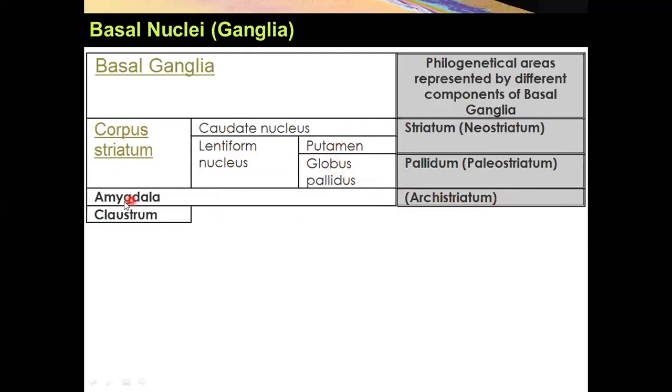Again, the amygdala and the claustrum belong to the archistriatum. Globus pallidus belongs to pallidum or the paleostriatum, and the putamen and the caudate nucleus is part of the neostriatum.